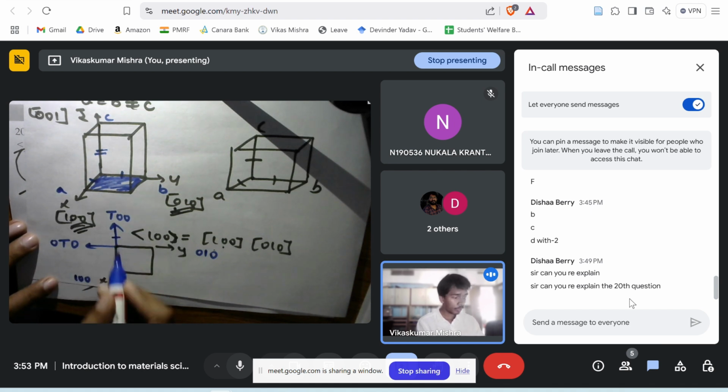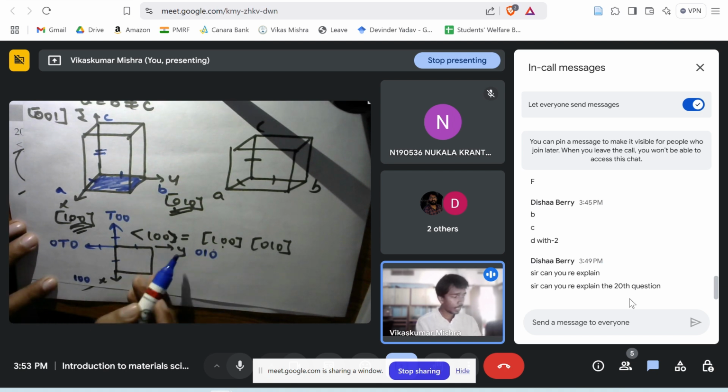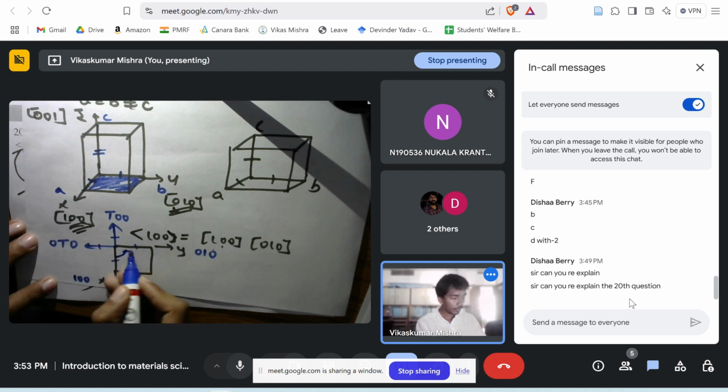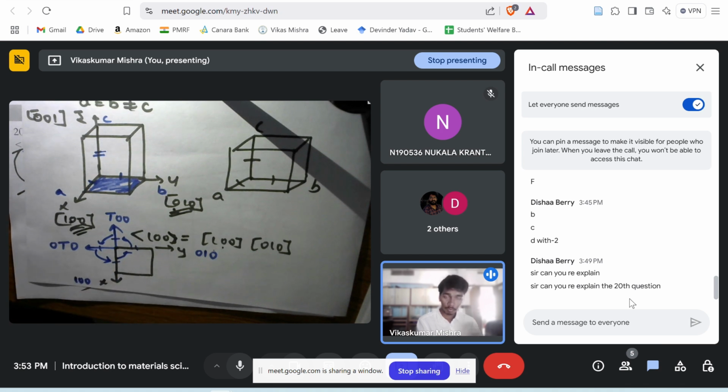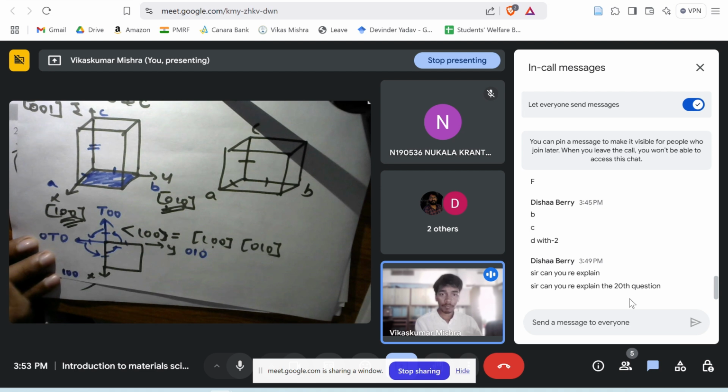Their magnitude is also the same, and they also follow the same symmetry, that is fourfold. If I rotate this x-axis by 90 degrees, it will come to the y. I rotate y, it will come to this particular one. They all follow the same symmetry, that is 90, and so they will belong to the same family.